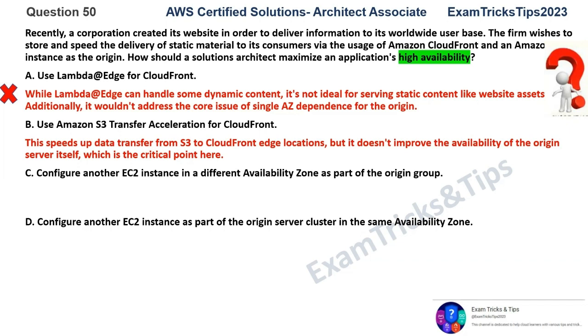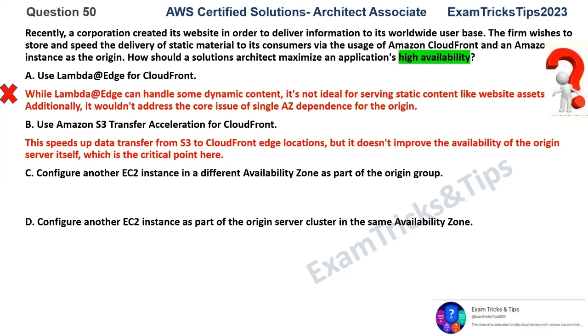But option D says let's add the EC2 instance in the original server cluster in the same availability zone. If you're adding it in the same availability zone, then it's not going to help much with high availability. Placing both instances in the same AZ means a failure of that AZ would take down both instances. So this is not a good answer.